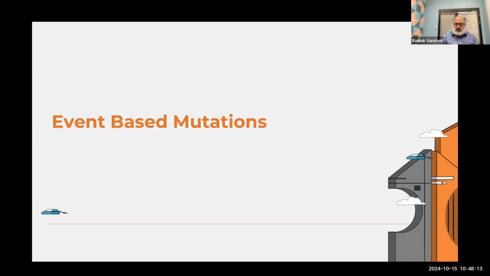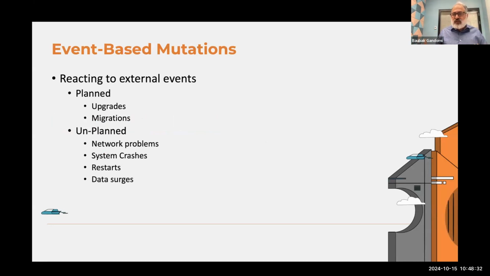So as I said, we had data mutations. Now let's look at event-based mutations. The idea of event-based mutations came from phase tests, where we were asking how we can look at the upgrade. An upgrade is an event, and this event makes us react differently, so the scenario will work differently.